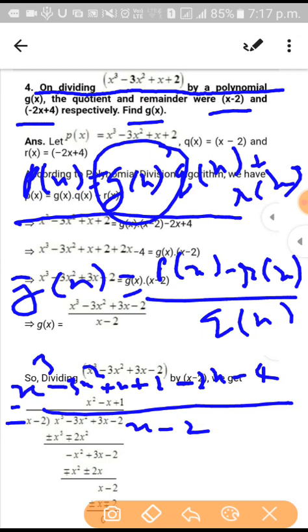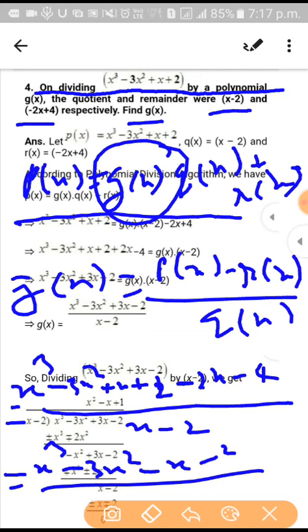Now we have to solve this. X cube minus 3x square, minus 2x plus x, that is minus x, and 2 minus 4, that is minus 2, divided by x minus 2.